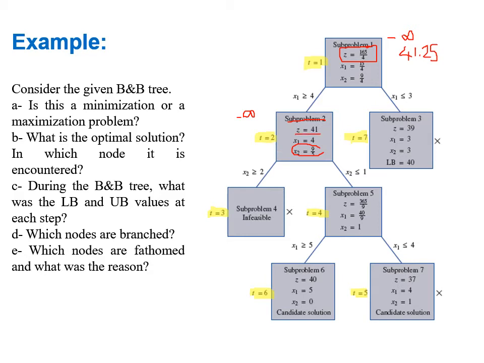From this side the best possible that we can get is 41, but from the other side, before solving, remember we didn't solve, we don't know these values, it's unexplored yet, we will find it later on. The best possible will be given by its parent, and its parent is this one, so the upper bound is still 41.25.